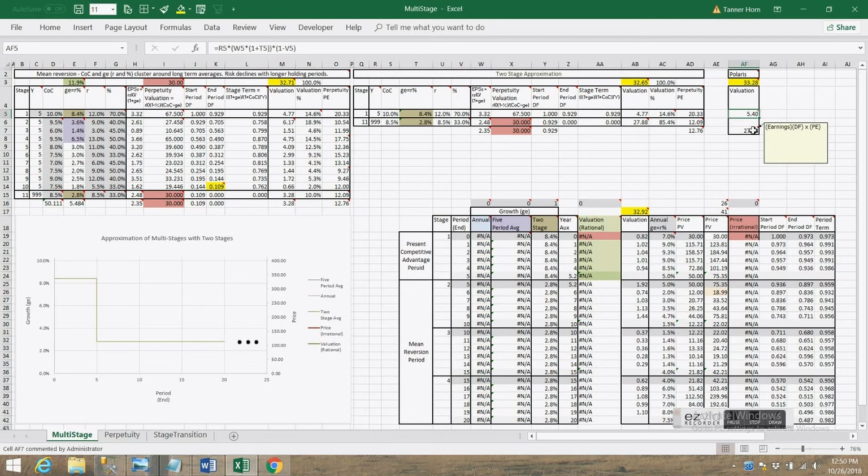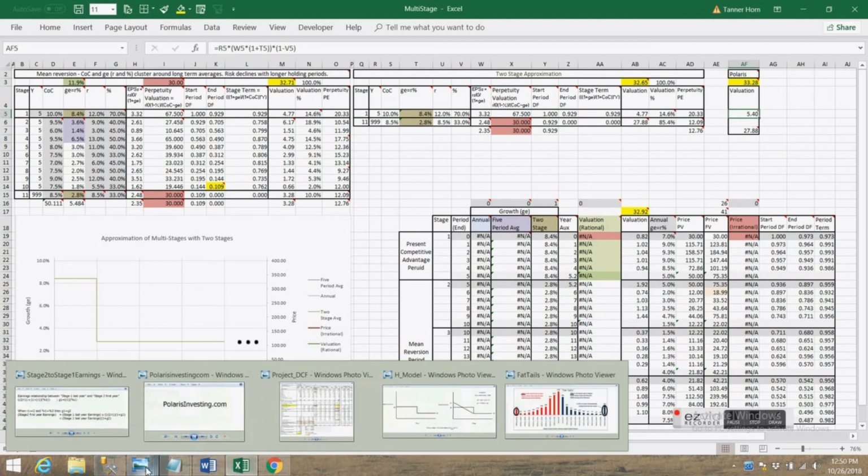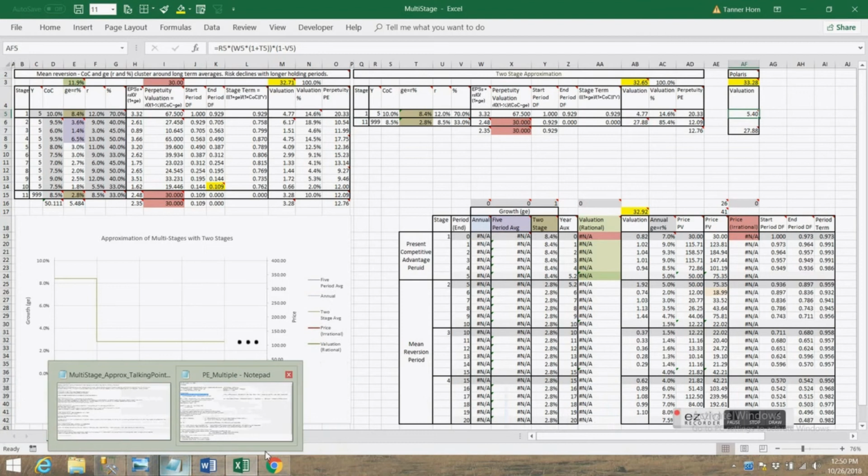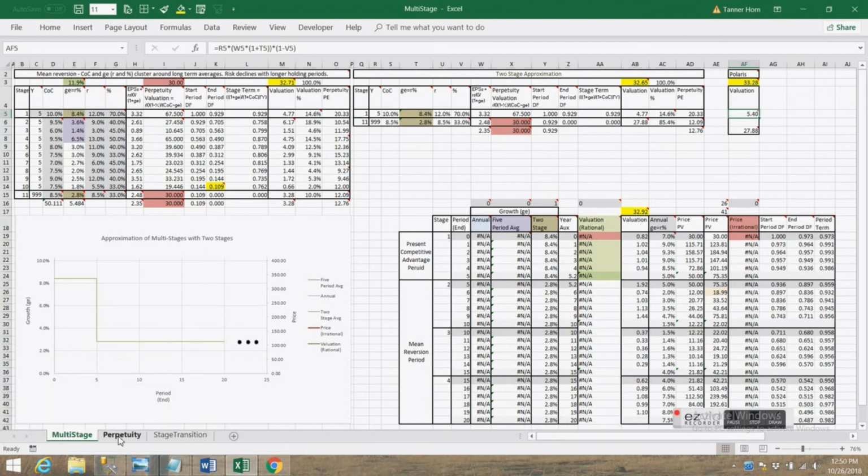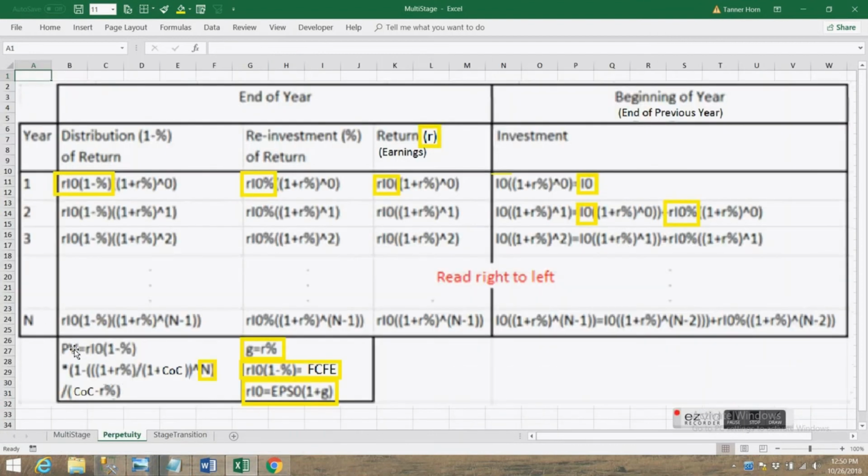And so now we understand how the future PE represents, or is the same thing as, this formula that we've been looking at here, namely the perpetuity. How is it the same thing as a perpetuity calculation?